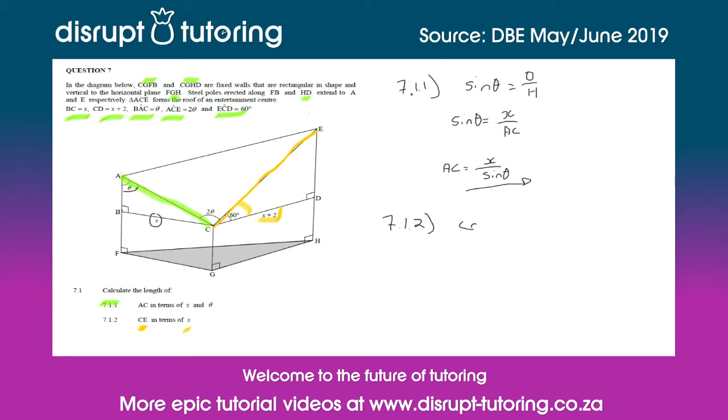because for 7.1.2, we know that the cos of theta equals adjacent over hypotenuse, and of course the adjacent is this x plus 2, so it's x plus 2 over the value of CE.